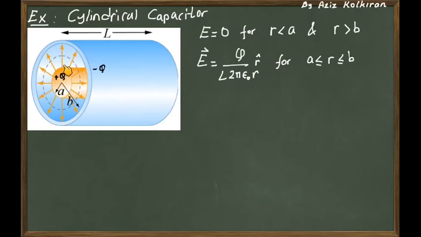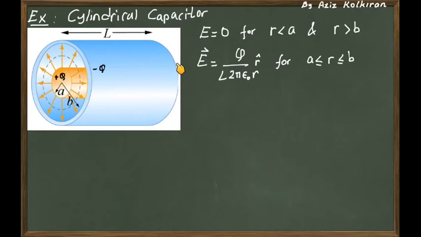Again, by Gauss's law, we already calculated that the electric field around a linear charge density is equal to lambda divided by 2 pi epsilon 0 r. Here, lambda is the linear charge density.